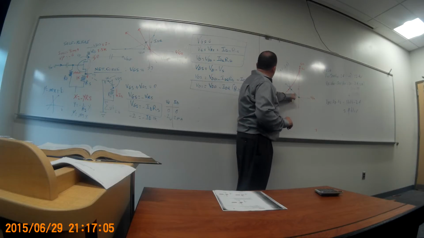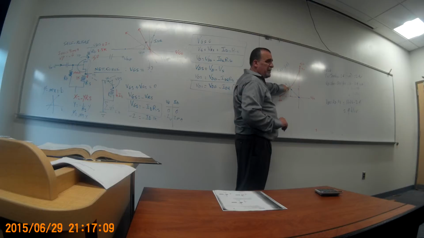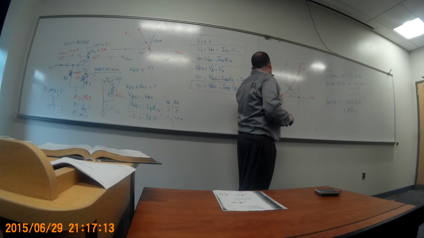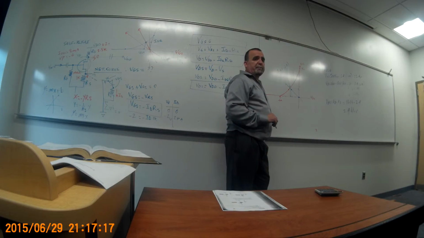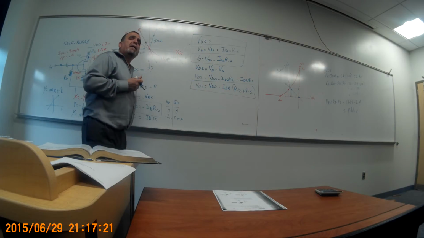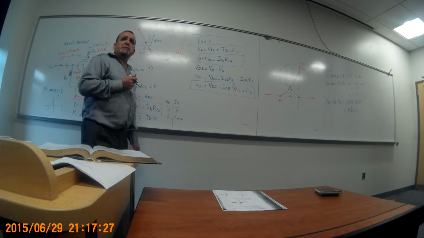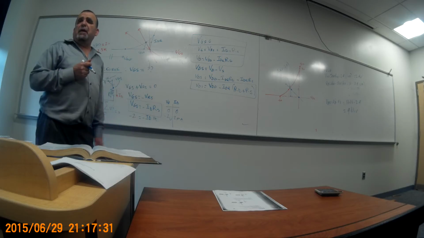The third one would be the ID Q value. That's the intersection between the blue and the red, right there. And when you get those points, VGS Q and ID, you could analytically, using the equations, using a mathematical approach.